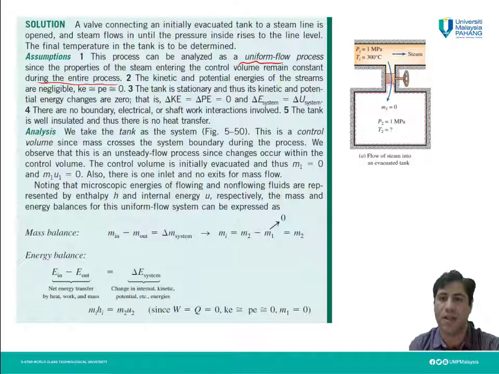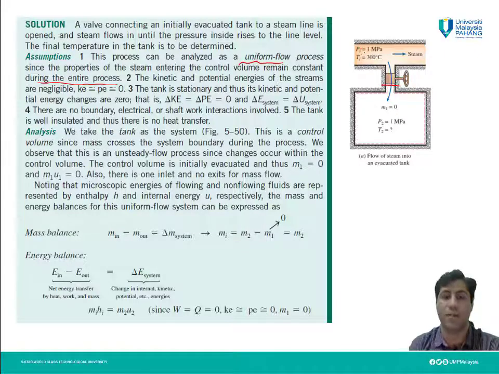And if we select this as the entrance of our control volume, the pressure and temperature at the entrance will always be equal to the pressure and temperature of the line during the whole process. So during the whole process, we have a uniform flow to the control volume.